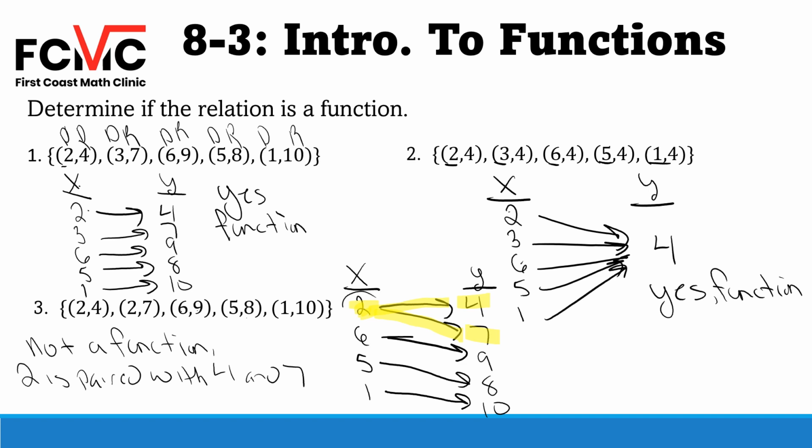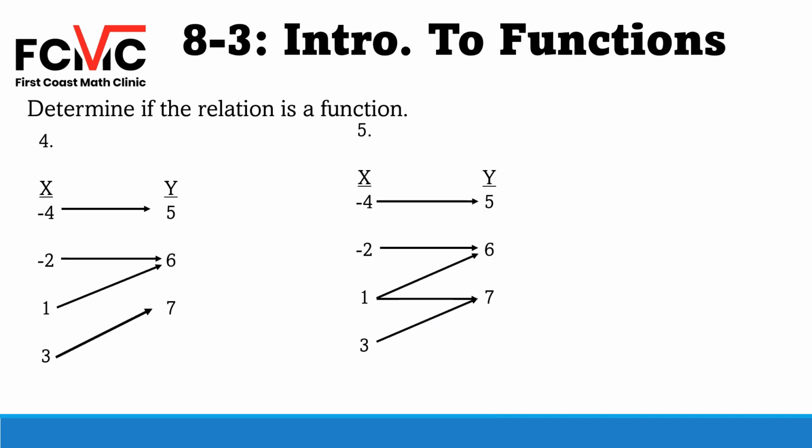So because of this too, this is not going to be a function. And again, if you look at the mapping rule for 1 and 2, and compare it to number 3, you can see the difference. It's not going to be a function when you have multiple arrows coming off of our x value. All right, let's do 2 more examples.